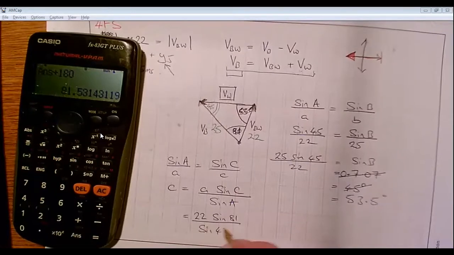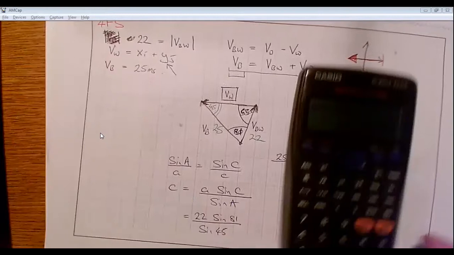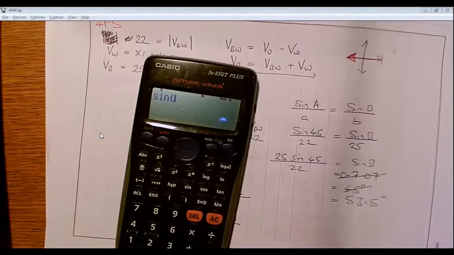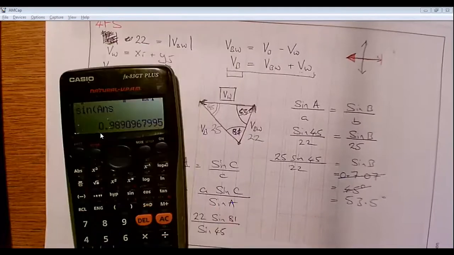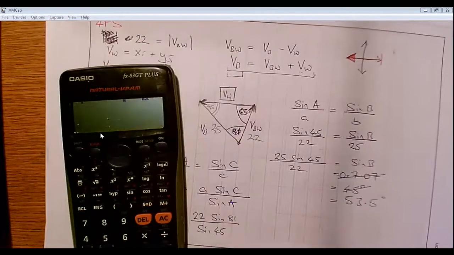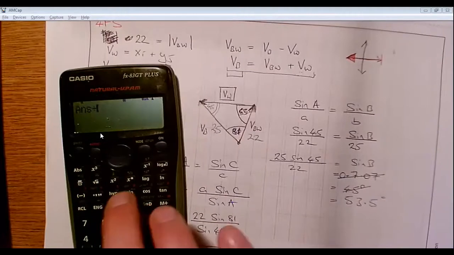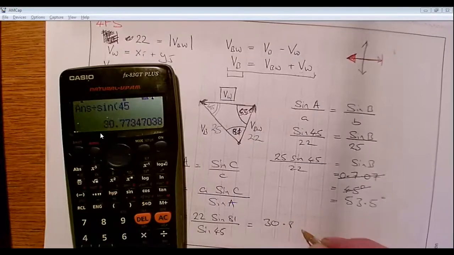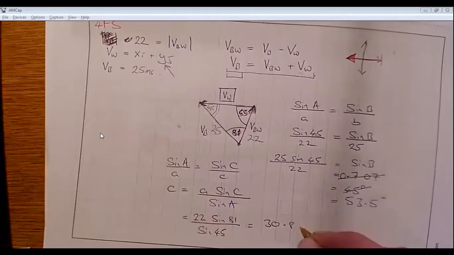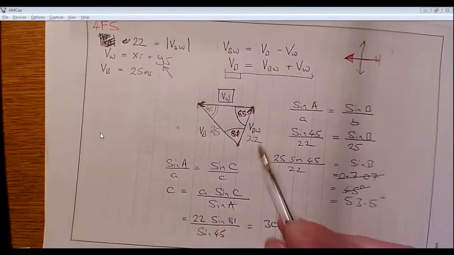I just made a boo-boo on this a moment ago, so let's hope I can get away with that. Sine of 81 is 0.989 times 22. Now divide that by sine 45, and that's equal to 30.8. And that was meters per second.